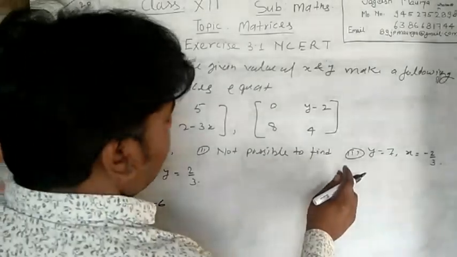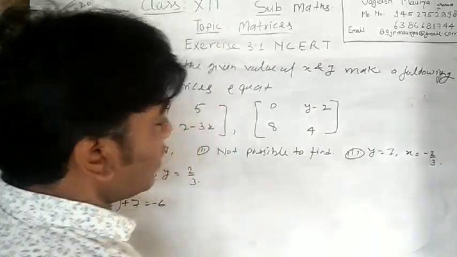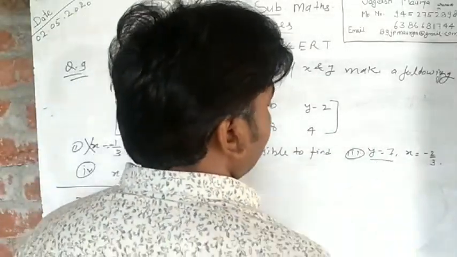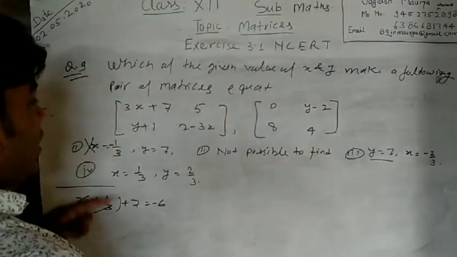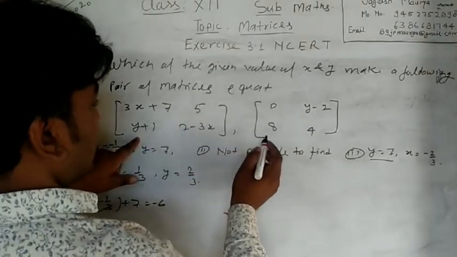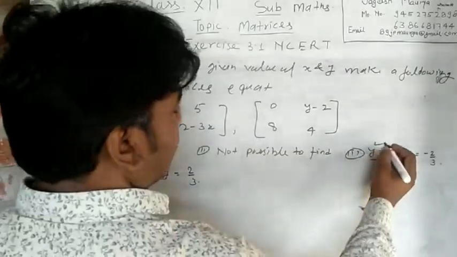Now here we check option number third, y equal to 7 and x equal to minus 2 by 3. Y equal to 7, 7 plus 1, 8. This equal to 8 equal to 8. Means y is correct.